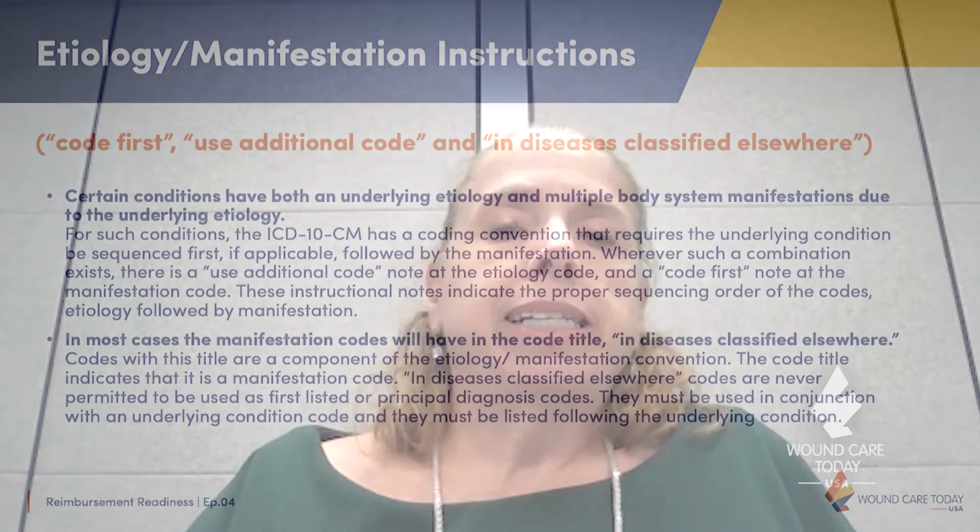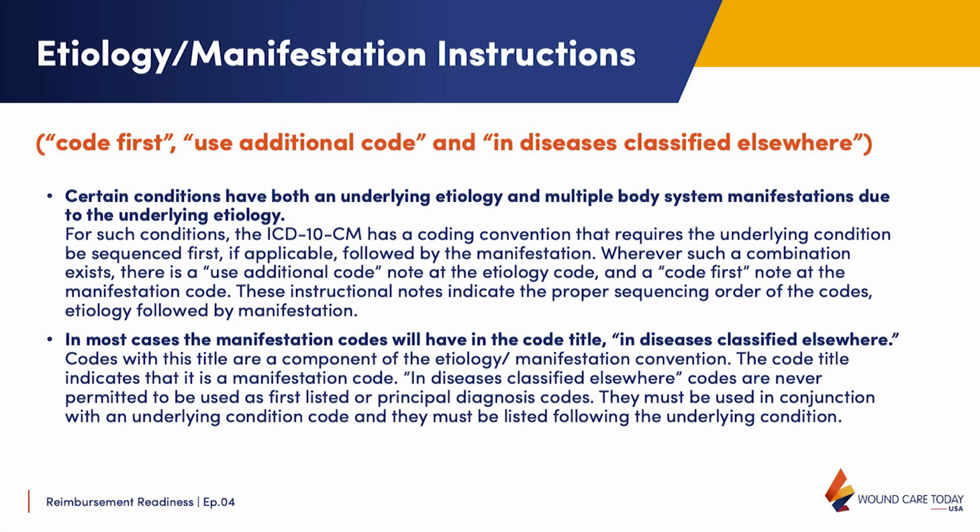Now, a little bit about etiology and manifestation instructions. We saw code examples of code first, use additional code, and in diseases classified elsewhere notes. So basically, certain conditions have both an underlying etiology and multiple body system manifestations due to underlying etiologies. So for such conditions, the ICD-10 system has a coding instruction or convention that requires the underlying condition to be sequenced first.